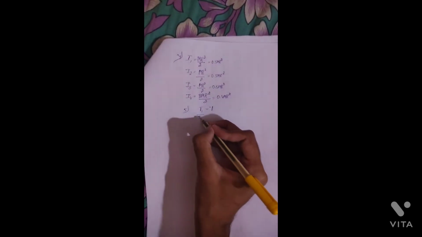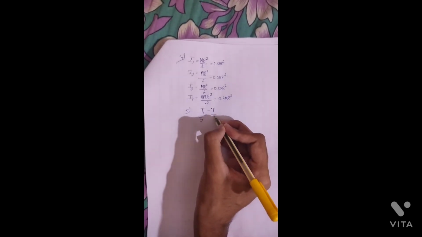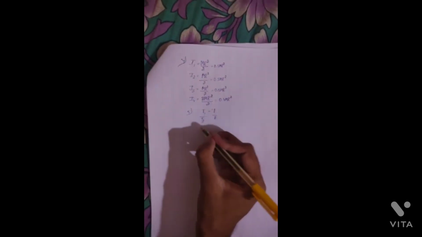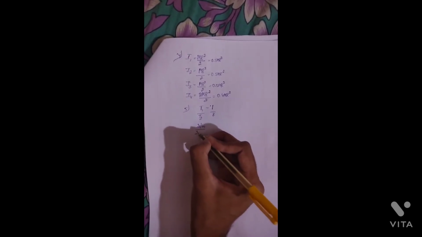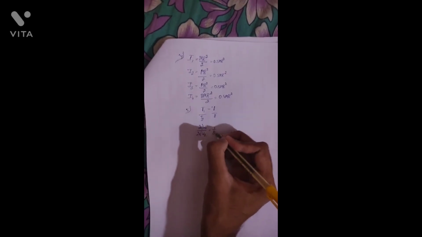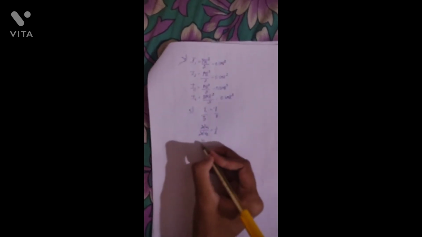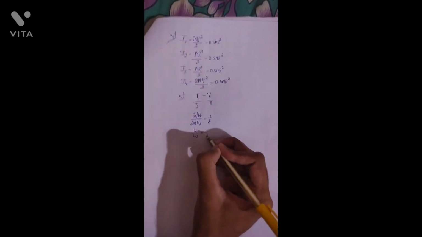T1 divided by T2 is 2 pi by W1 divided by 2 pi by W2, which is equal to 1 by 8. The 2 pi gets cancelled. So W1 by W2 is equal to 1 by 8.